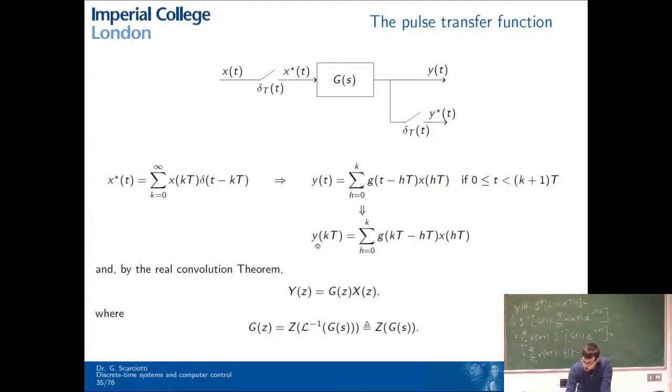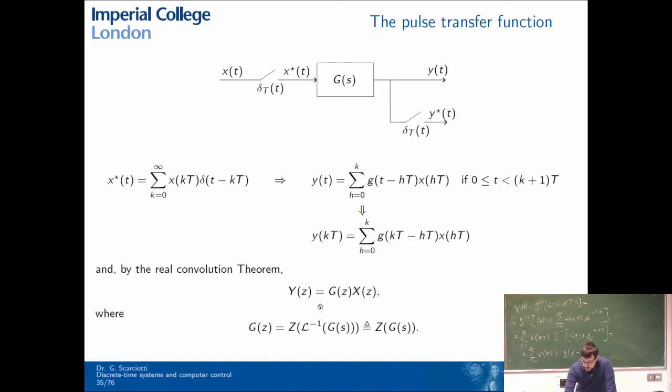So if we want to compute the z transform of y(kT), this is the z transform of a convolution, and we know that this is equal to the product of the two z transforms. So the z transform of y is equal to g of z, that is the z transform of g of t, times x of z, that is the z transform of x. So we have found, using these properties, that y of z is equal to g of z times x of z.